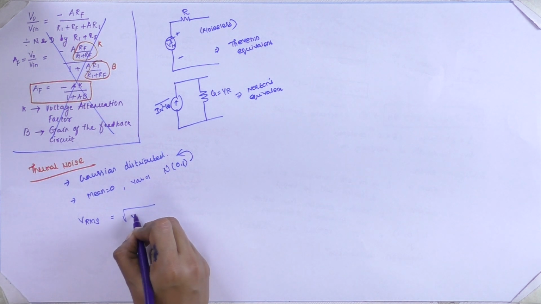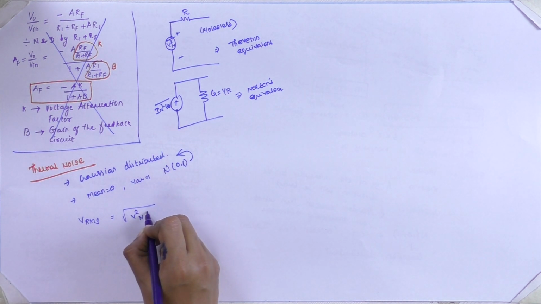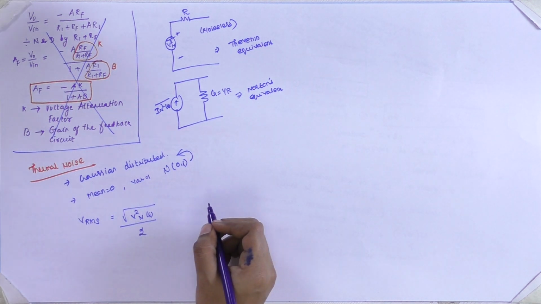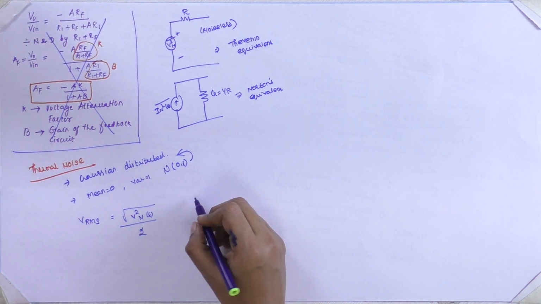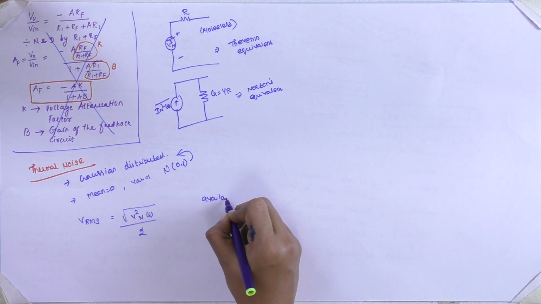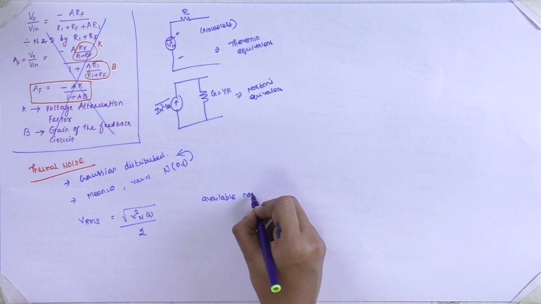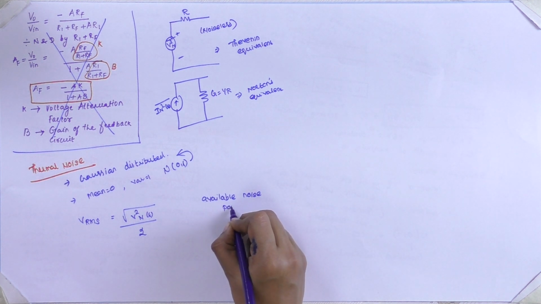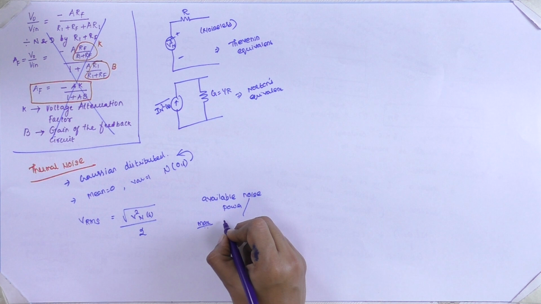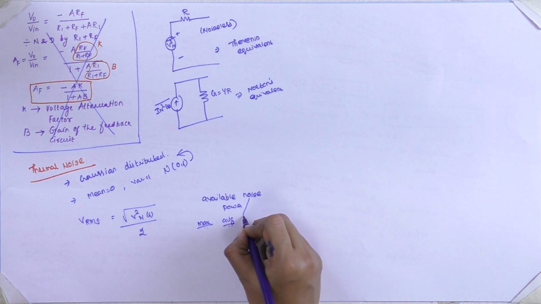Therefore, the RMS value is V square n of t divided by 2. This is the RMS value using the Thevenin equivalent. Maximum average noise power and available noise power are both the same.